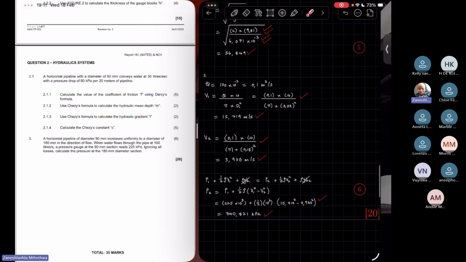Right, so here clearly we are going to have to use Bernoulli's expressions, or one of Bernoulli's expressions. So seeing that they want us to calculate the pressure, P2, that is why I've used the variation of Bernoulli where each of the terms is in terms of pascals.